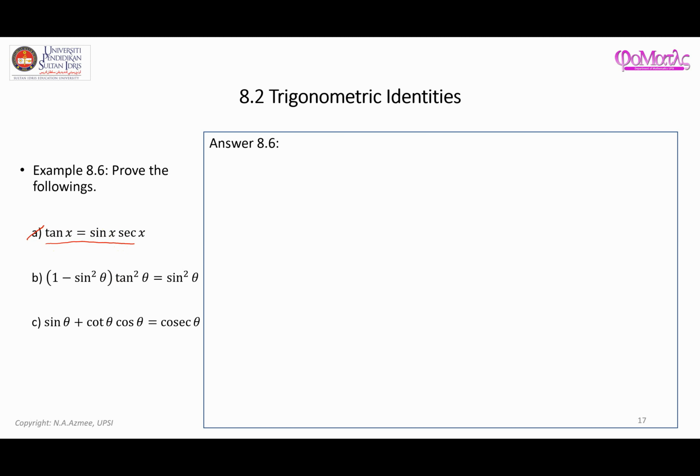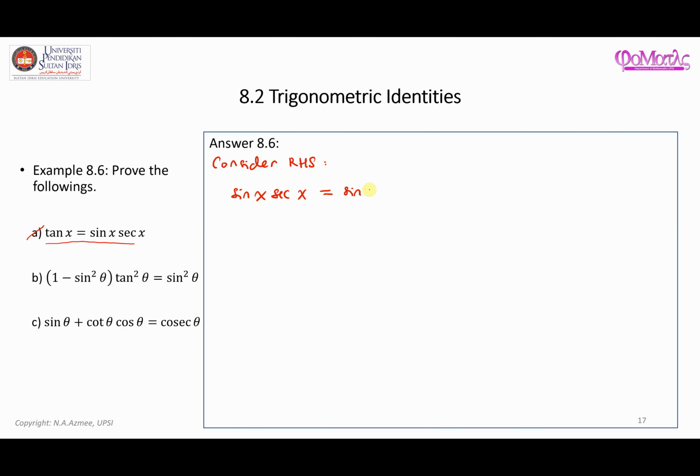Now I'm going to consider the right-hand side. So I have sine x, secant of x, and sine x is already in its simple form, but secant of x can be simplified further.